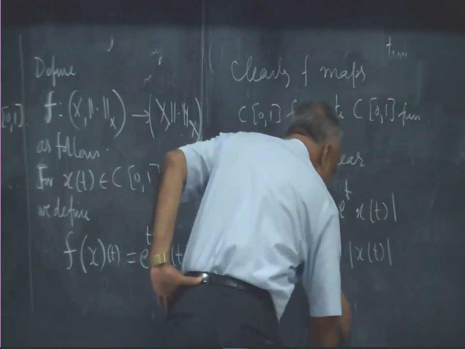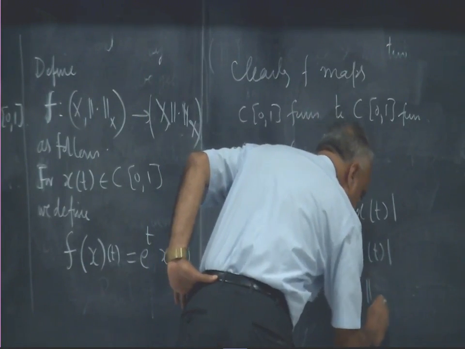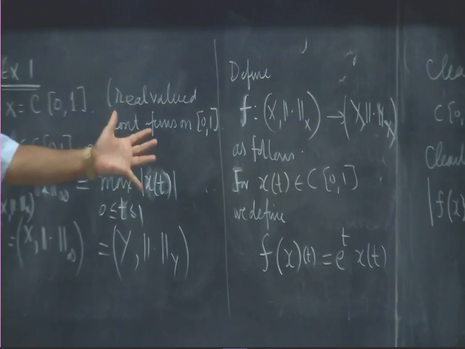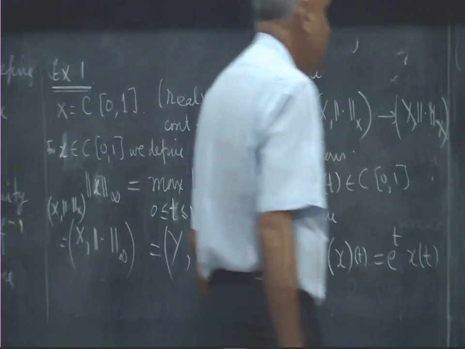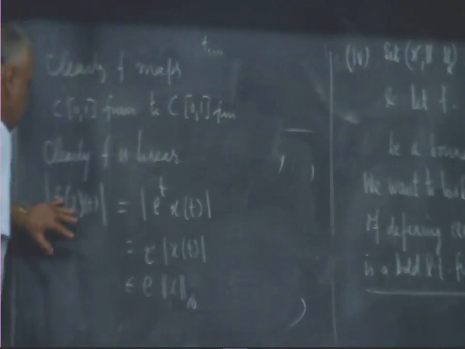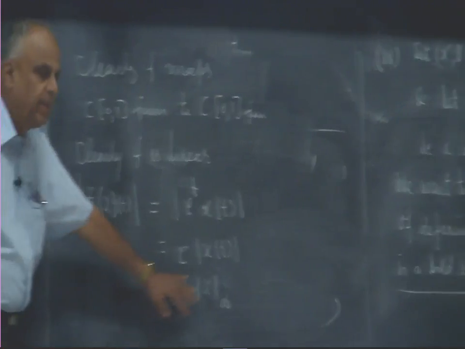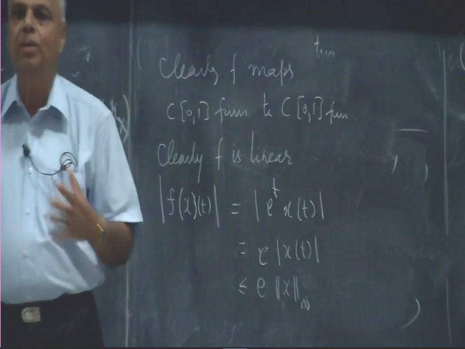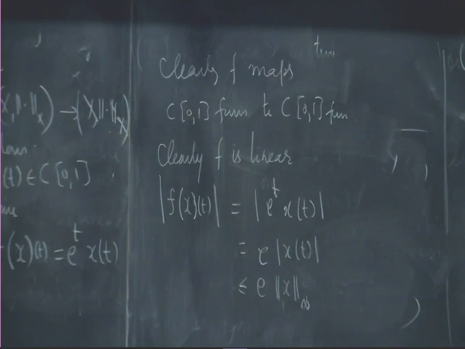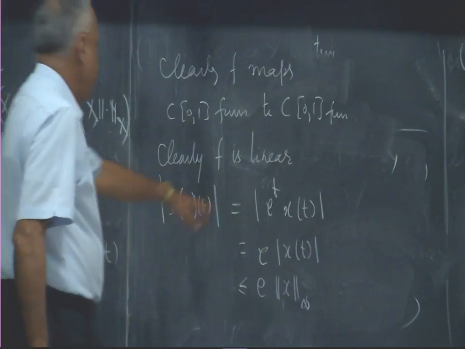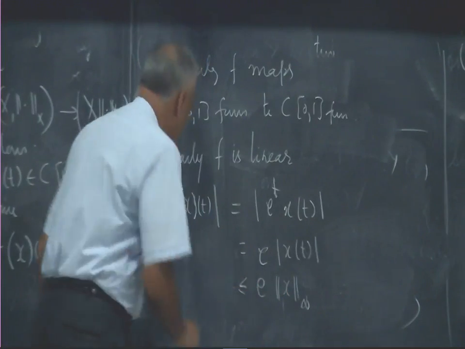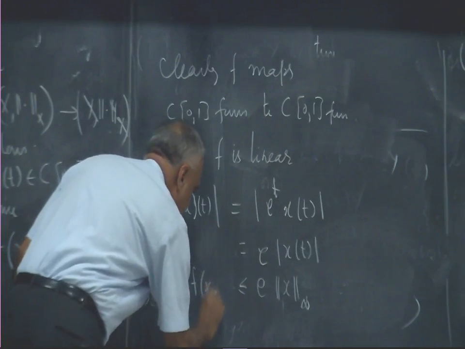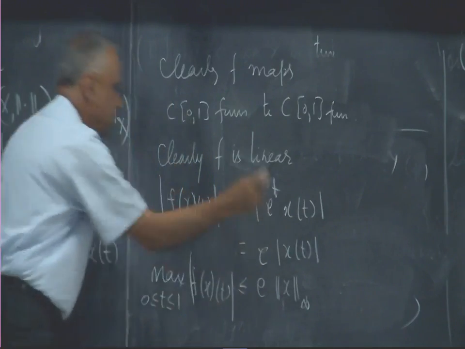But mod x(t) is less than or equal to its maximum, which is the norm of x. So what it says is this coded function can never exceed the value e times the norm of x, and therefore the maximum over 0 less than or equal to t less than or equal to 1 of the modulus of f of x at t cannot exceed this.